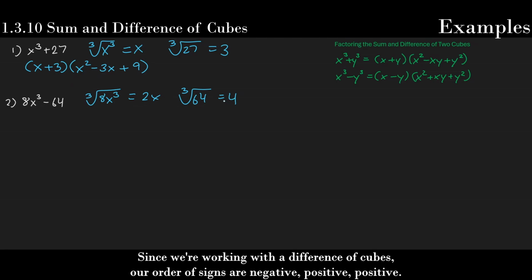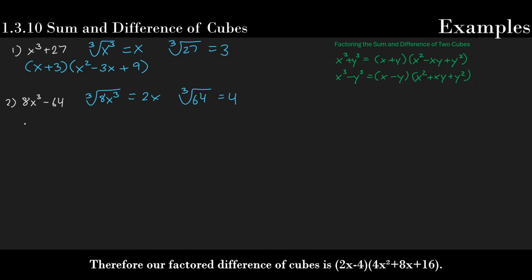Since we're working with a difference of cubes, our order of signs is negative, positive, and positive. Therefore, our factored difference of cubes is 2x minus 4 times 4x squared plus 8x plus 16.